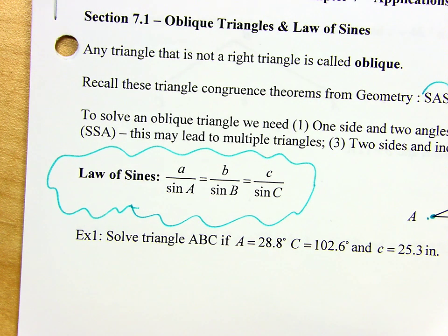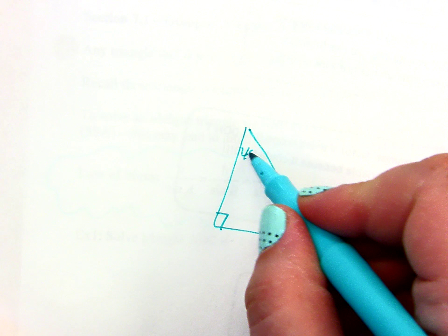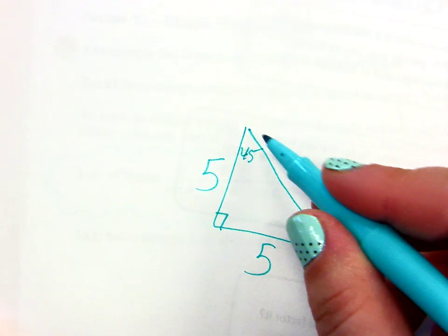Okay, so let's take a triangle that we know. How about a 45, 45, 90 triangle? Because we know all those pieces, right? 45, 45, 90. And let's just say this is 5, and then what's this?